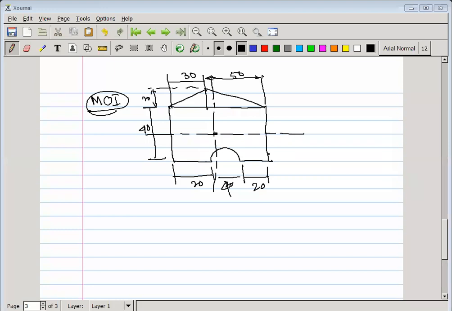And I have already given some nomenclature: this is your A, this is your B, this is B dash, this is E, this is C, this is D, this is G, right?